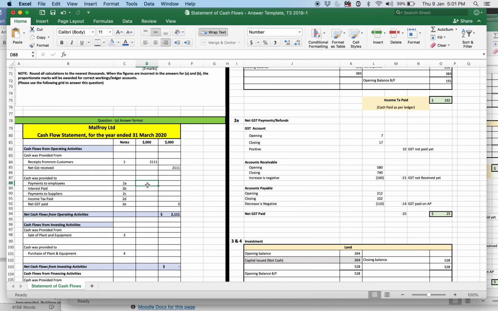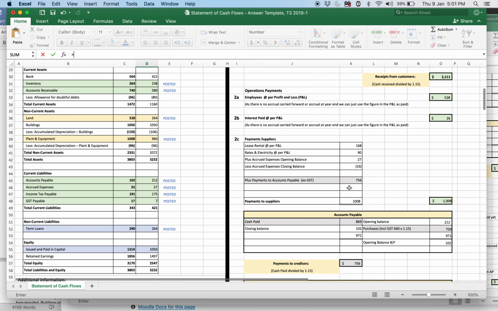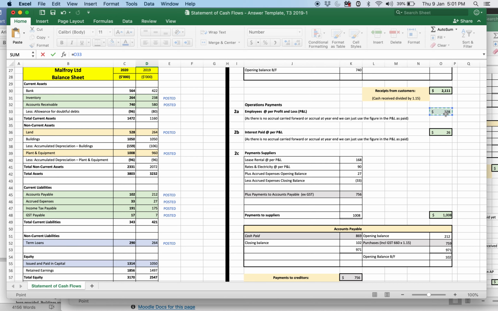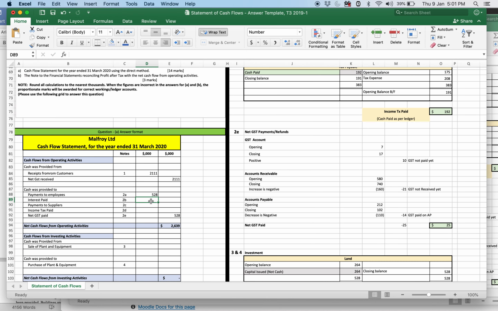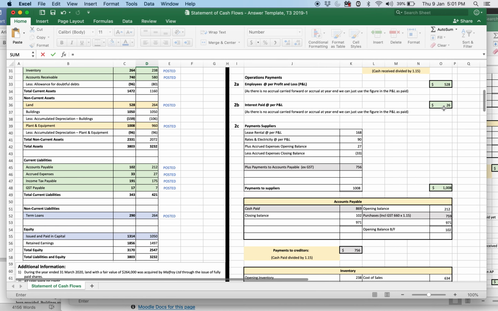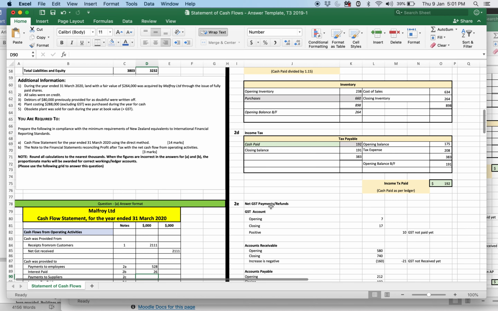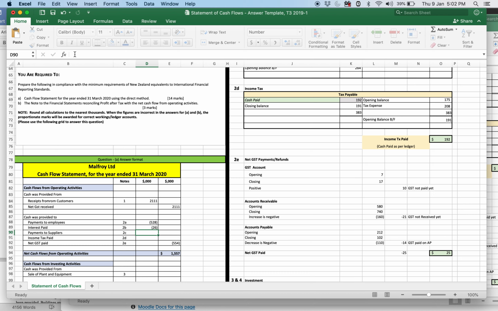Cash was provided to 2A. We provided cash to our employees. We provided cash to the bank or whoever we're paying interest, and that's 2B. I should probably be entering these as minuses, so let's do those as minuses so my formula works better.